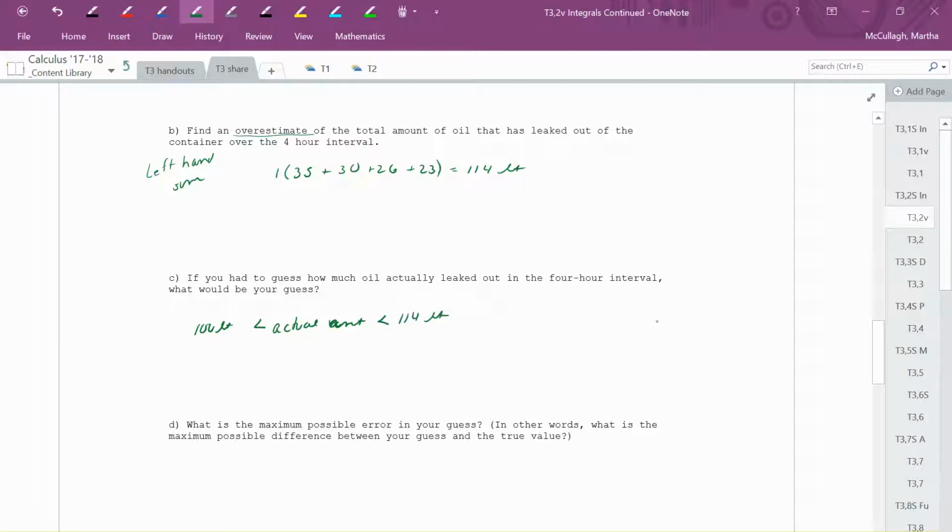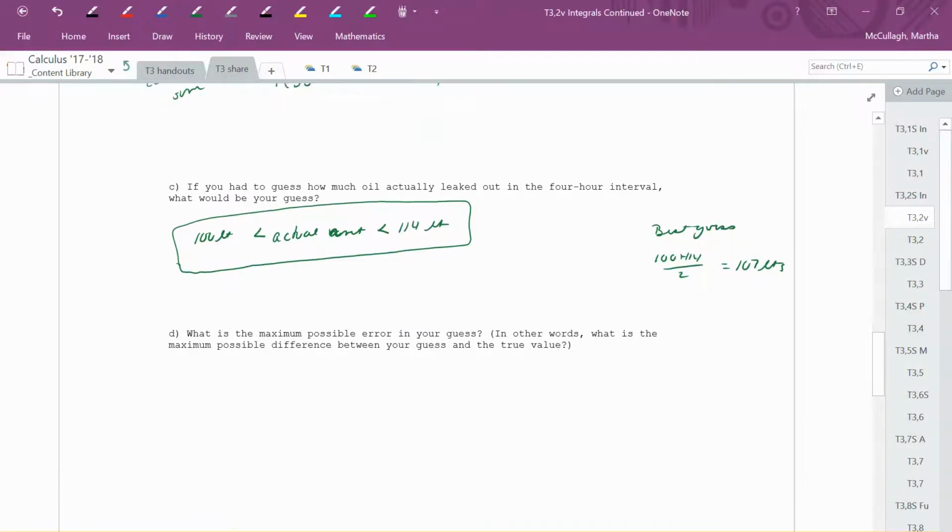If I was really pressed for a best guess, I would average those two, 100 plus 114 over 2, which is 107 liters. This is your most accurate way of expressing what we know about the oil that's leaked. It's somewhere between 100 and 114 liters.